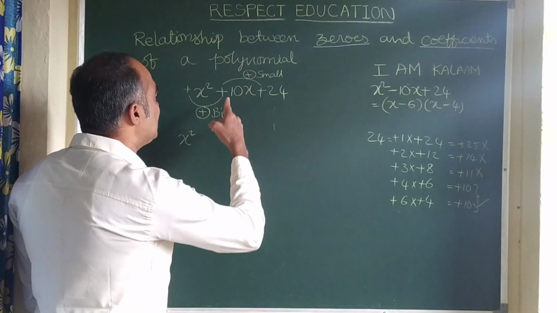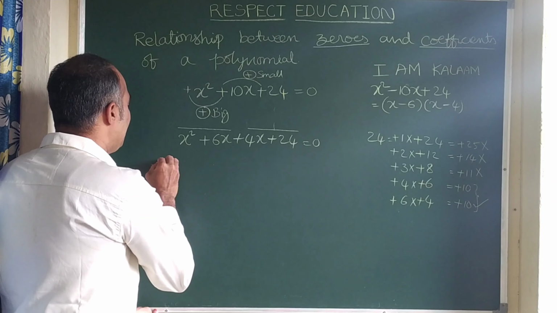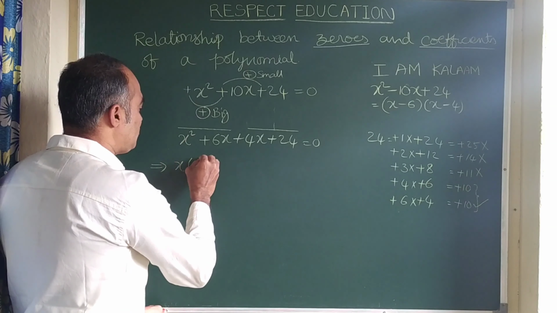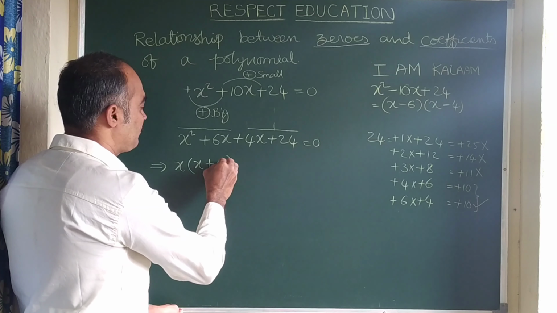In 4 terms, I am taking the common term in the first 2 terms. What is the common? The common one I am taking. Same way in the last 2 also I am taking the common value. So here in the first 2, x is common. So here x square is there. So x into x is x square plus x into 6 is 6x. So here 6 comes.